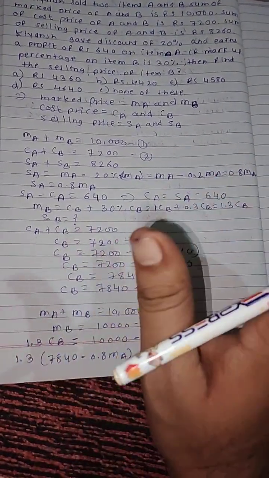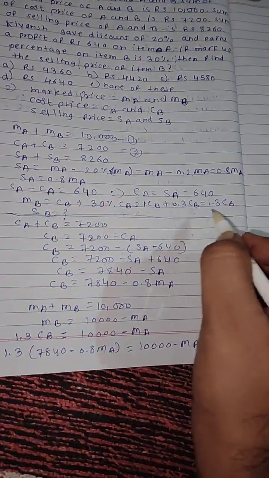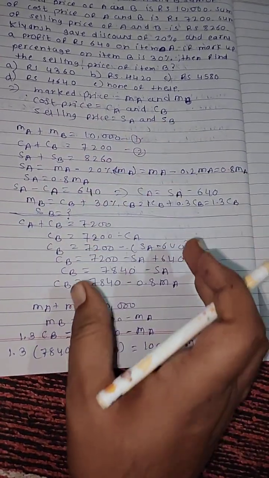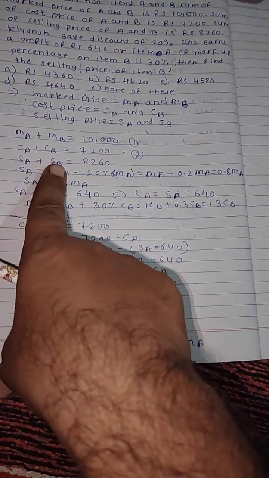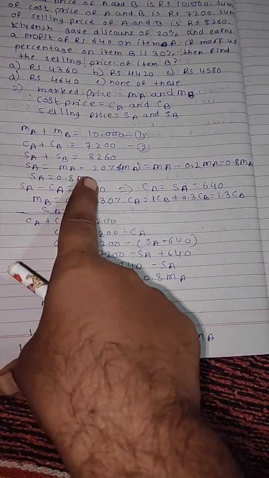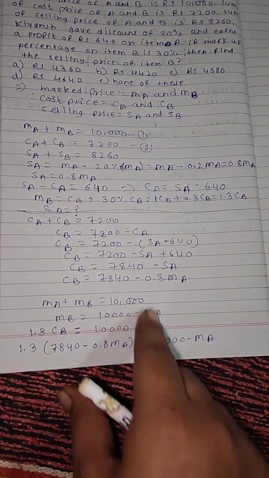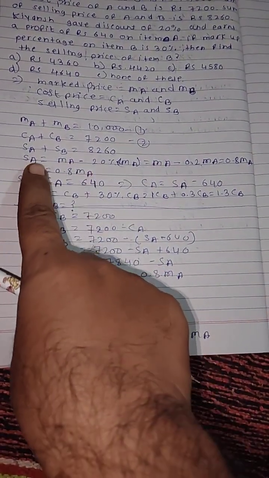So first I will just explain once again. So up to here it was part of the question. So by using all this we need to find the value of SB. So to find SB we need SA, and to find SA we need MA. So we are solving for MA. If we get the MA value we can find SA.